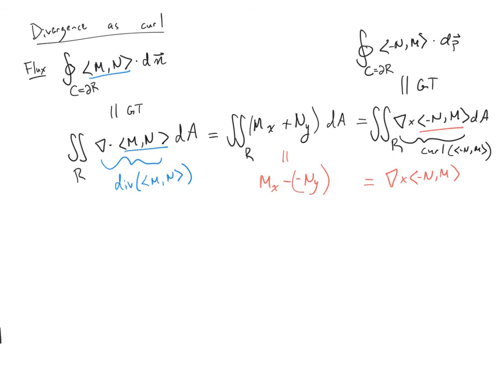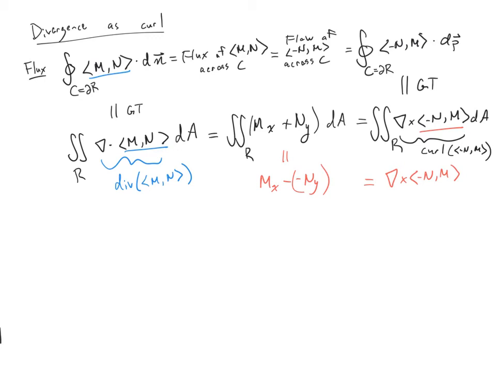And this is a long string of equalities, so this means the flux of m, n across C is the same as the flow of minus n, m across C. So if I give an integral that isn't written out as either a flux or a flow integral, but in terms of x's and dx's and dy's, you can solve it in either of these two ways.